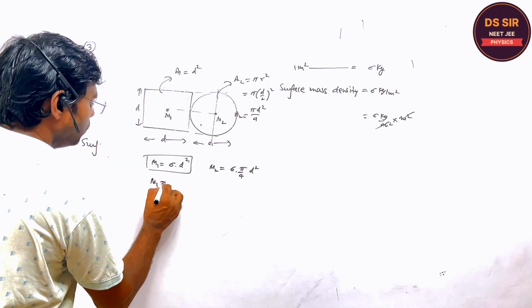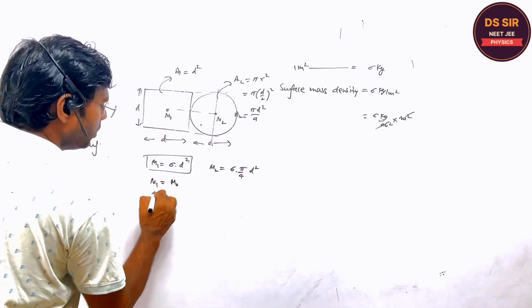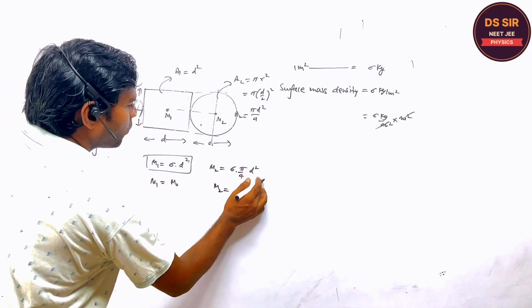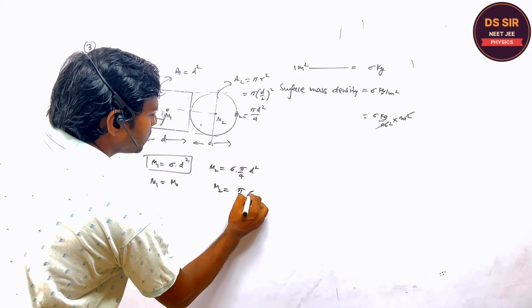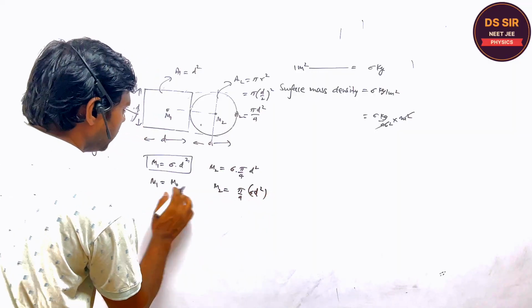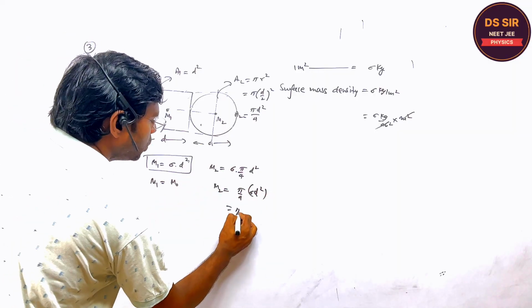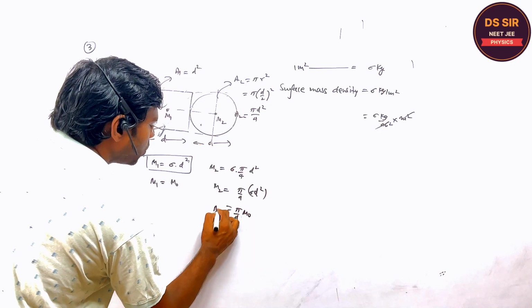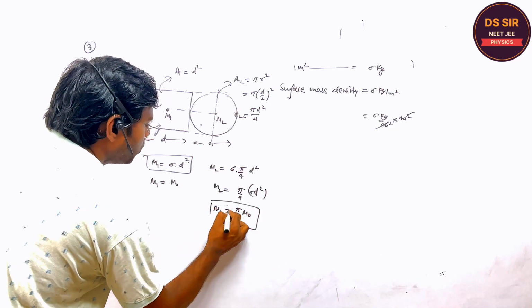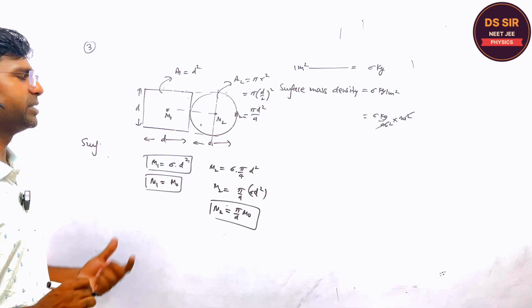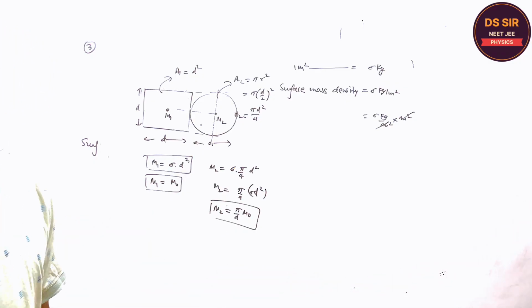If I assume sigma d square to be m0, then m1 is m0 and m2 is pi by 4 m0. So I can write m1 and m2 like this for simplicity. Is it clear or not?